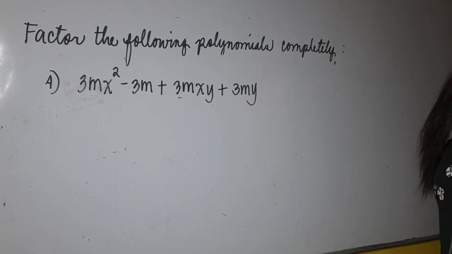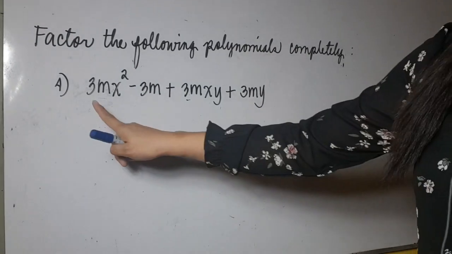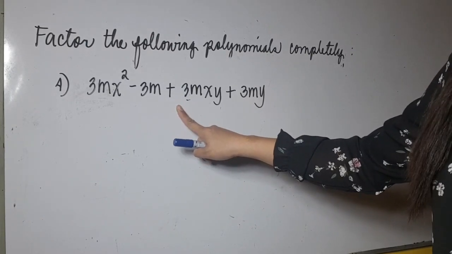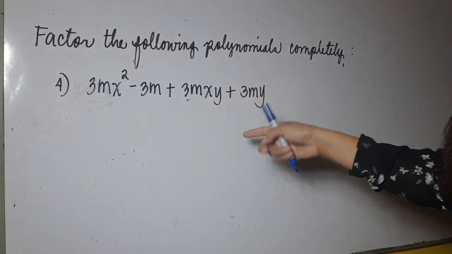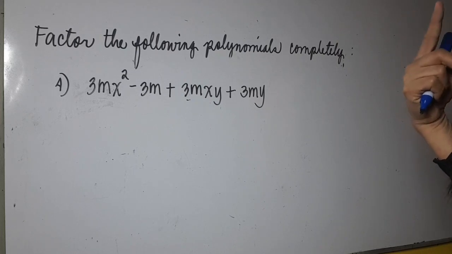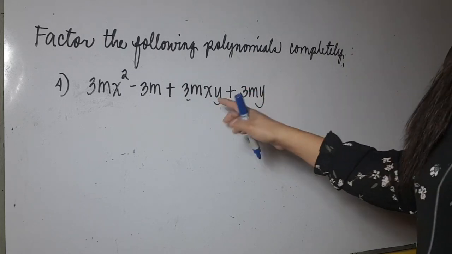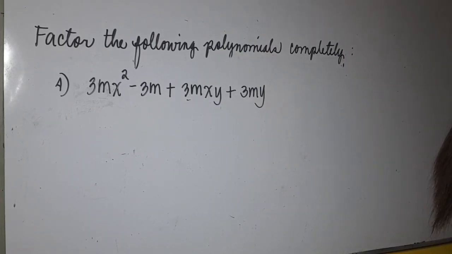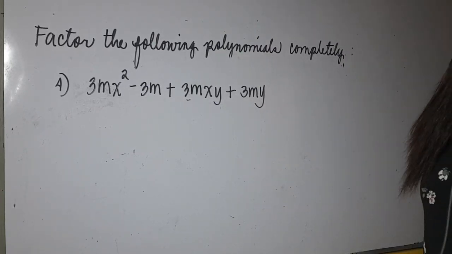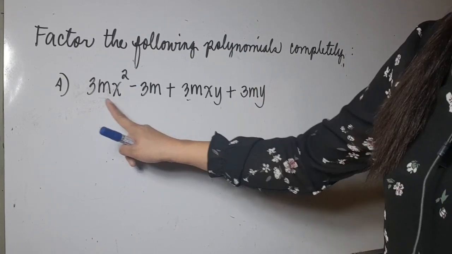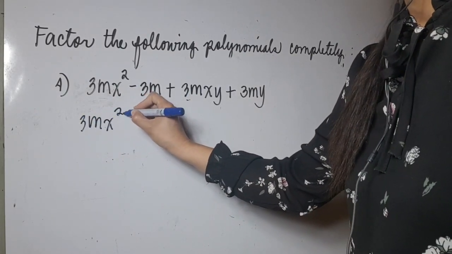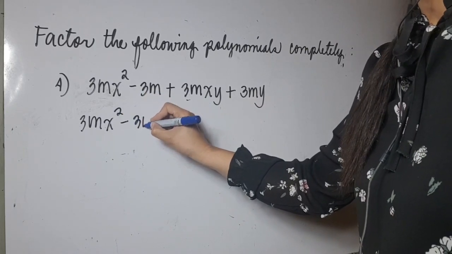Okay, so let's try another one. Factor 3mx squared minus 3m plus 3mxy plus 3my. Now, this polynomial again has 4 terms, so we will factor by grouping first. So if we group the first and the second terms, so we have 3mx squared minus 3m.